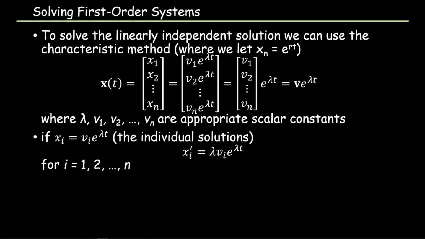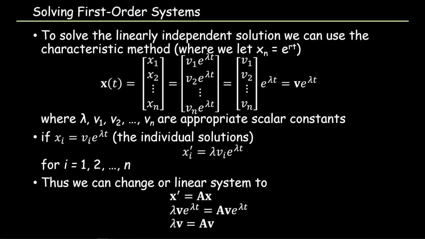We can now start substituting into our linear system, or in other words, change our linear system to x prime equal to Ax, where these are all matrices or column vectors, and A contains the constants from the previous slide, like the a11, a12, and so on, all the way to ann.